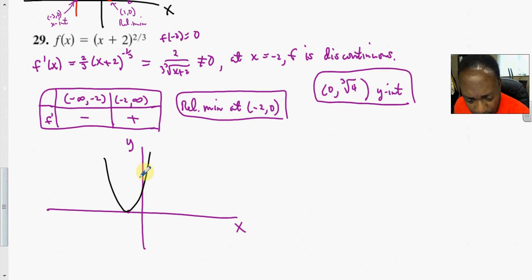Okay, and this, okay, that's fine. This point is also the x-intercept.